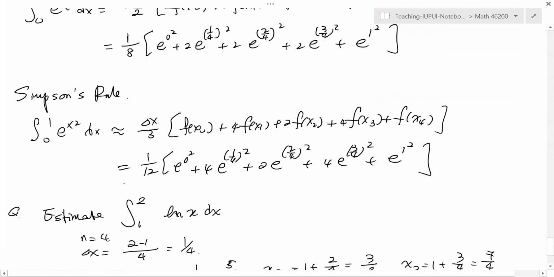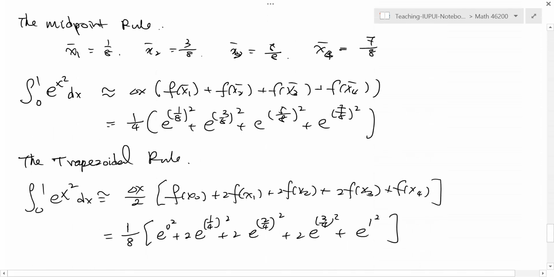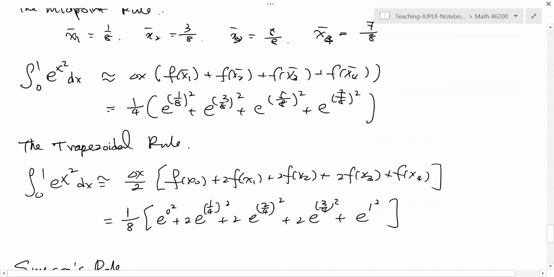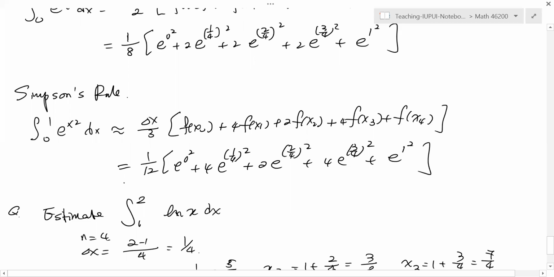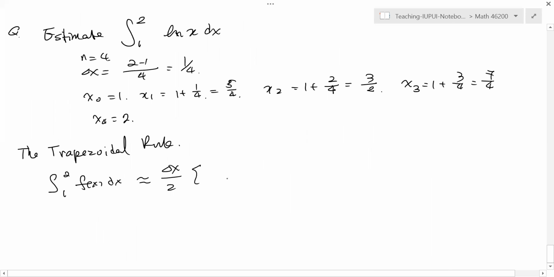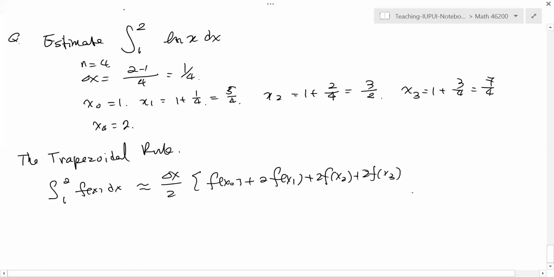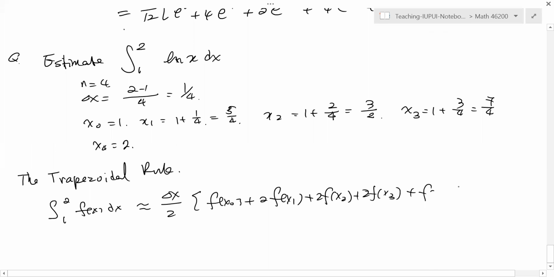You go back to here, so here's a trapezoid: delta x divided by 2 and all those numbers in the middle. So delta x divided by 2, then f of x0 plus 2 f of x1 plus 2 f of x2 plus 2 f of x3 and f of x4.